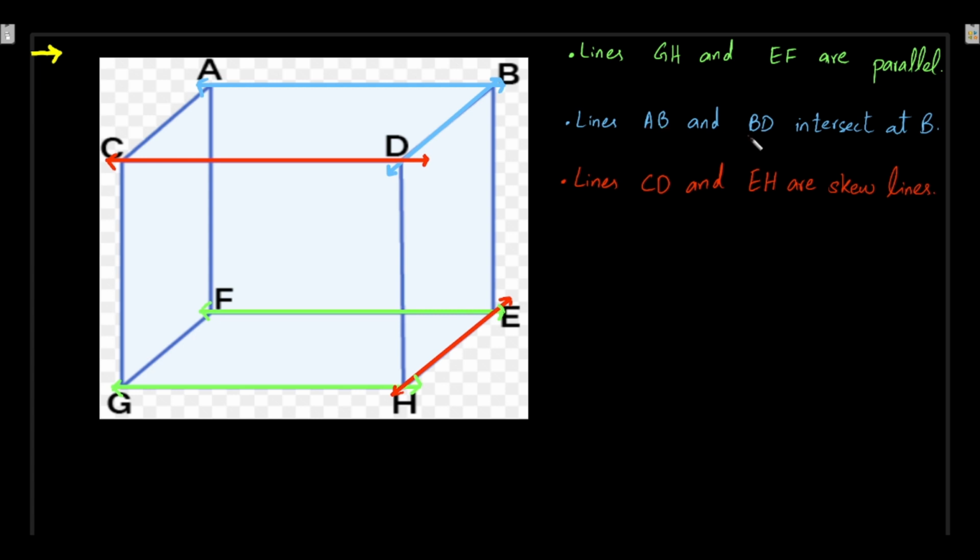The lines AB and BD, drawn in blue, intersect at point B. Whereas the lines CD and EH are neither parallel nor intersecting. So these two lines CD and EH are skew lines.